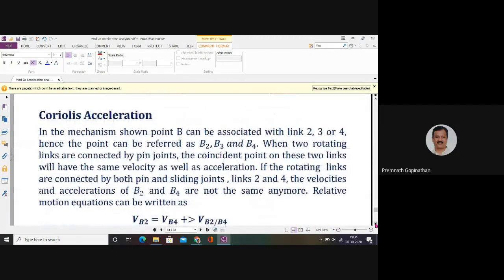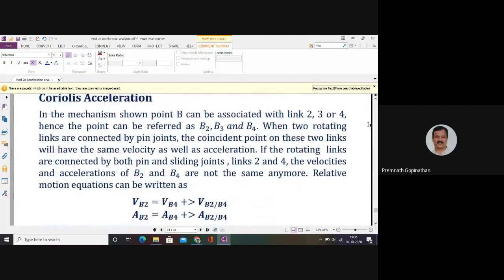Now, if I consider the velocity of point B, which is lying on link 2, that means we are considering that point B is associated with link 2, link 3, and link 4. That means it can be referred to as B2, B3, and B4. In that particular case, I'm considering point B lying on link 2.